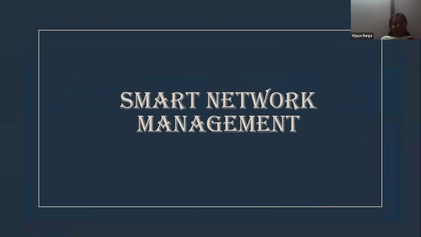Smart network management is nothing but, for example, if you take a home, whatever appliances are there, everything we need to operate in a smart way. To operate the devices in a smart way, we need to add some intelligence to those devices. That intelligence is possible due to artificial intelligence.